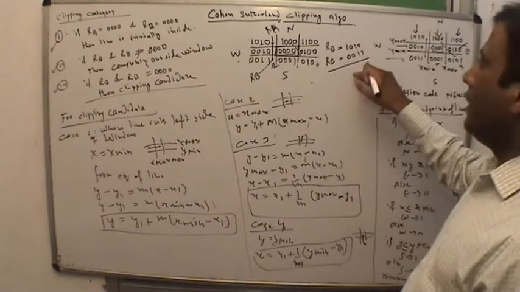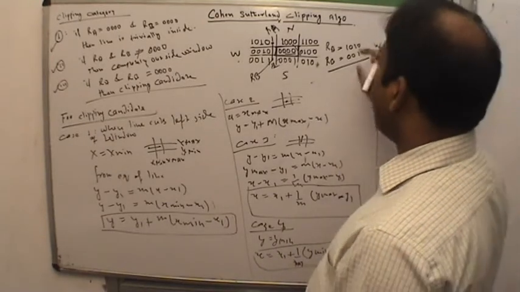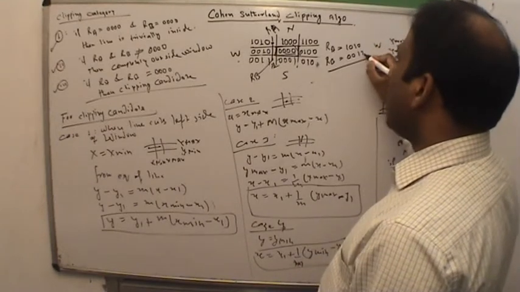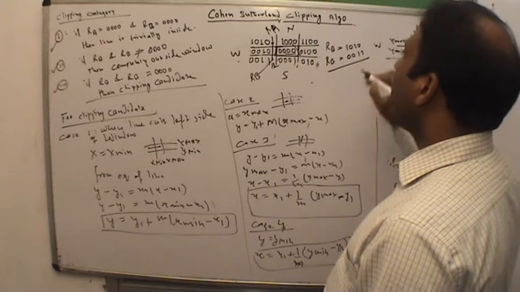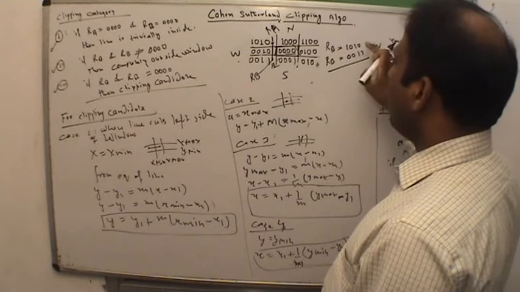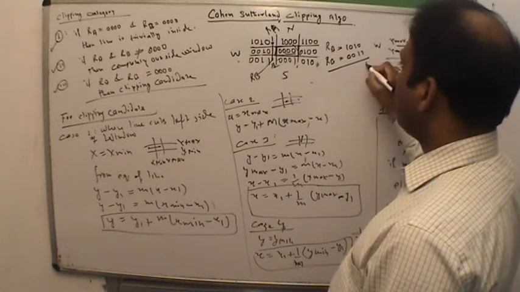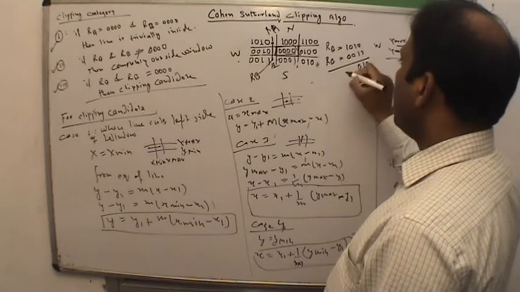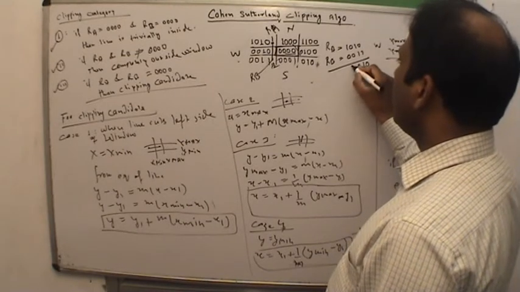Now we have to apply logical AND operations on both the values. As you know, when we apply logical AND operations, false and true is false, true and true is true, false and false is false, and true and false is false.